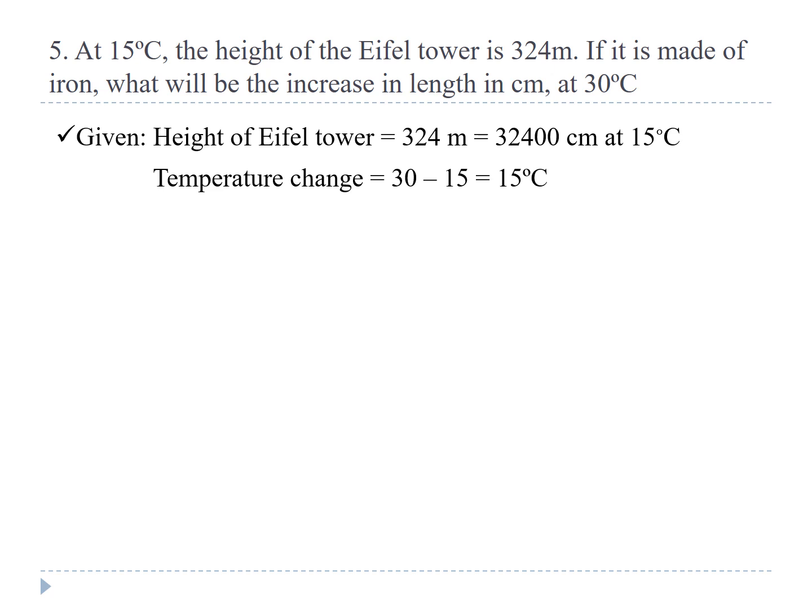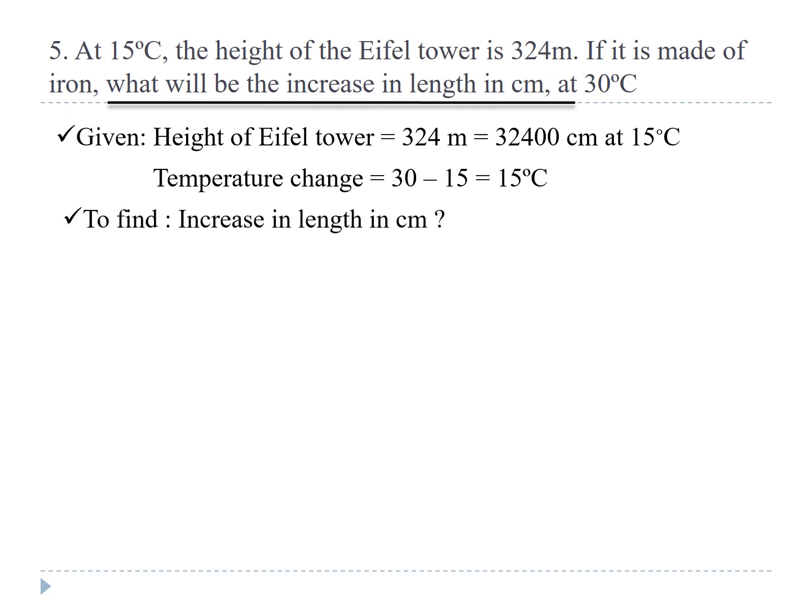So I will do final temperature minus initial temperature, that is 30 minus 15, which is 15 degrees Celsius. So 15 degrees Celsius is my temperature change. What will be the increase in the length in centimeter? So to find the increase in length in centimeter.